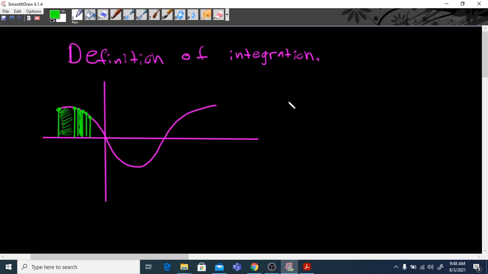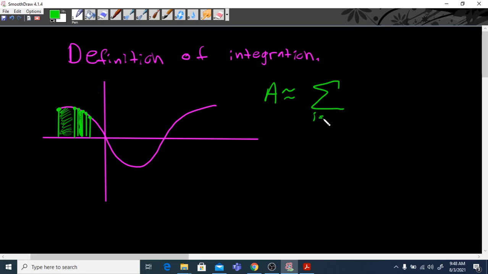So let's think about what we're doing. The area is approximately, and what we're doing is adding. This is the Greek letter sigma, and it literally just means add.